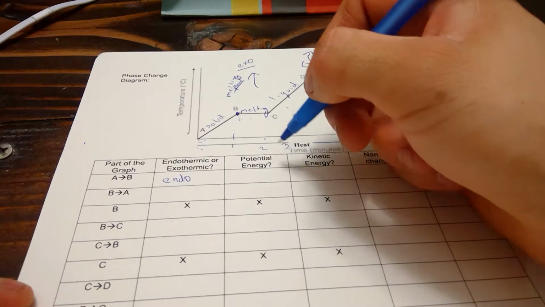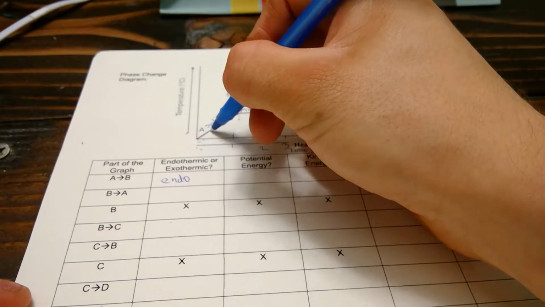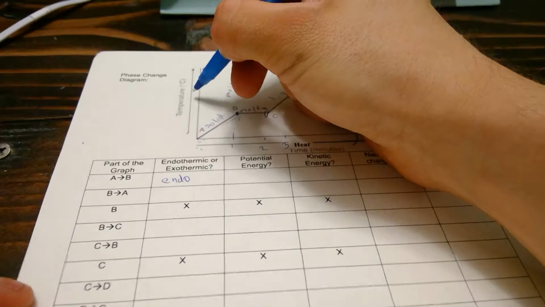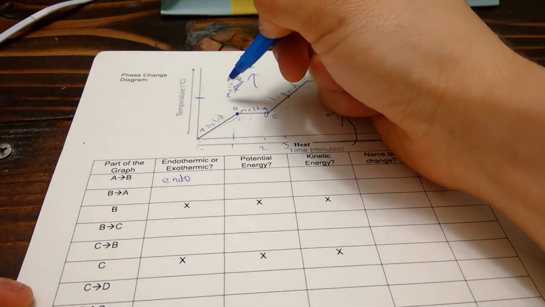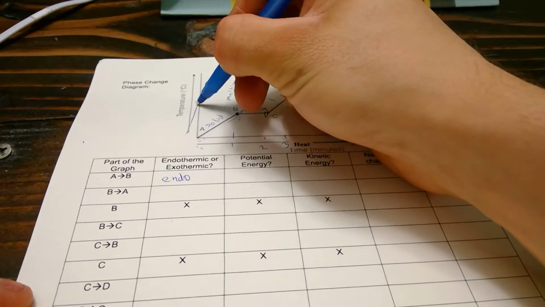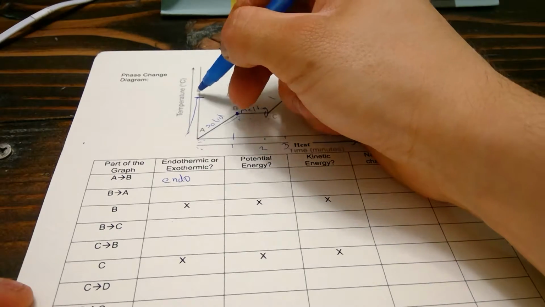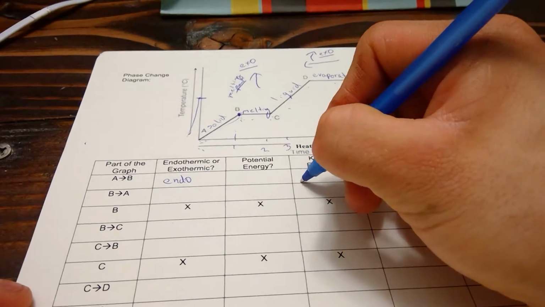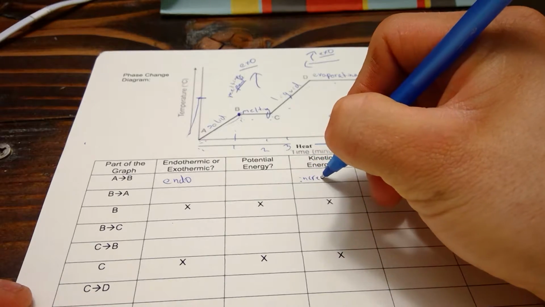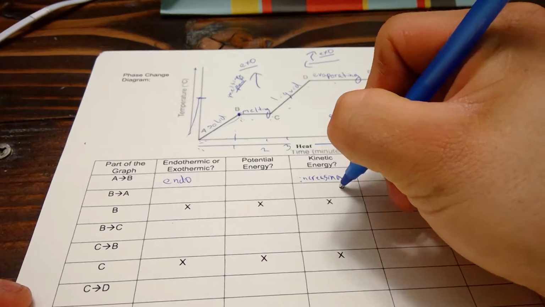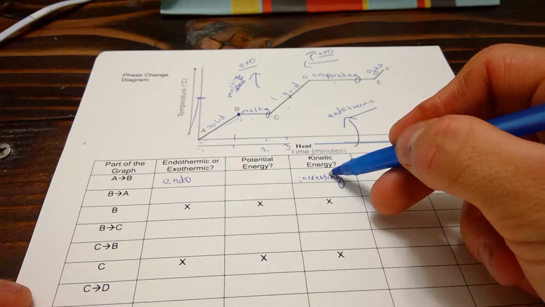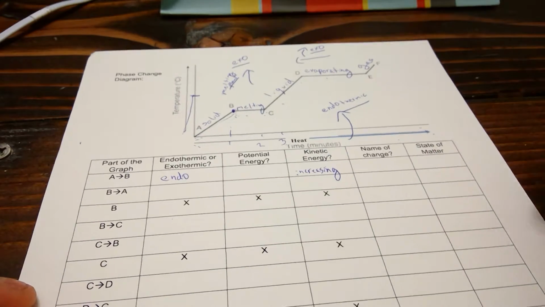So you'll notice that the faster the molecules move, the higher the temperature. So you know that if you're increasing the temperature, you're increasing how quickly those molecules move. So you're actually increasing the kinetic energy, right? Perfect.